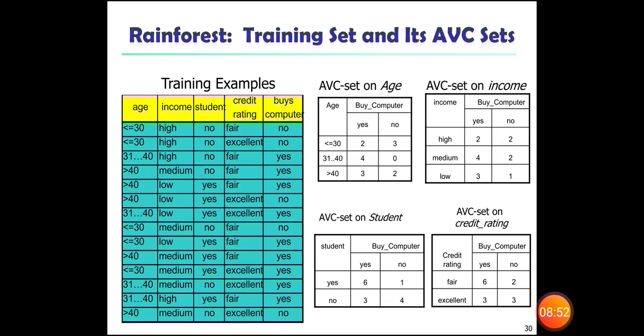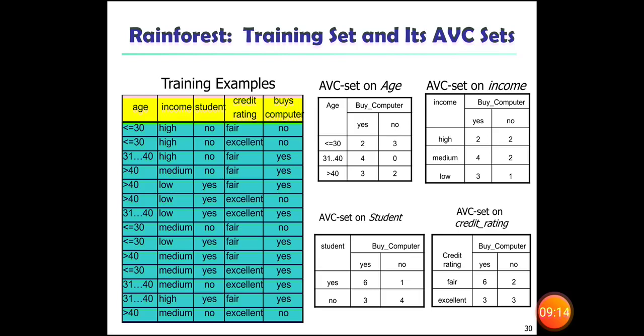Here we can take first age, then income, then student, then credit rating. With respect to age, what is the buying status? With respect to income, what is the buying status? With respect to student, what is the buying status? With respect to credit rating, what is the buys computer status?